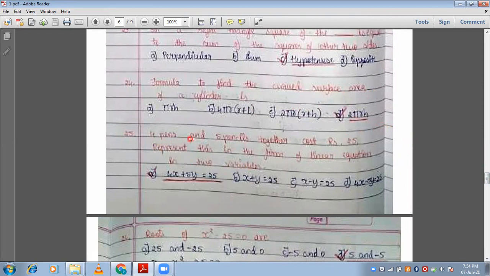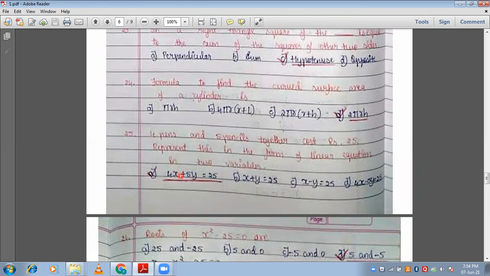Next, 4 pens and 5 pencils together cost 25 rupees. Represent this in terms of linear equation in 2 variables. Here 4 pens, I don't know the cost of 1 pen. So consider cost of 1 pen is equals to x. Then cost for 4 pens is equals to 4 into x.